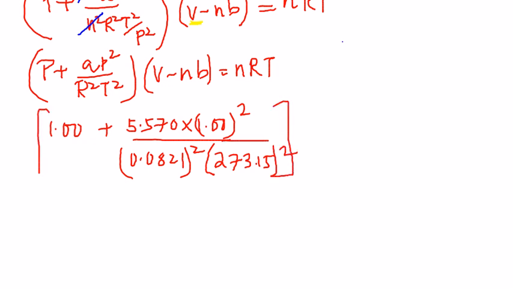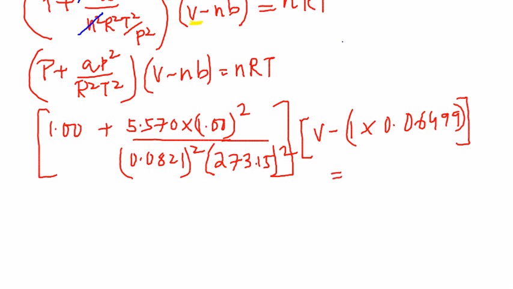Put this in parentheses, and then V is what we don't know, what we have to find out. n is 1, b is 0.06499. Put this in parentheses. That is equal to, n again is 1, R is 0.0821, and T is 273.15.